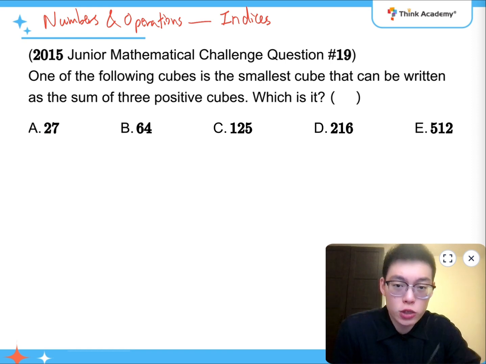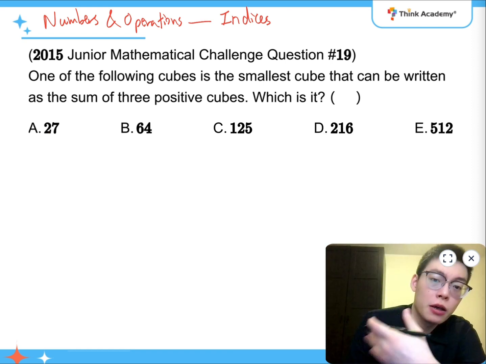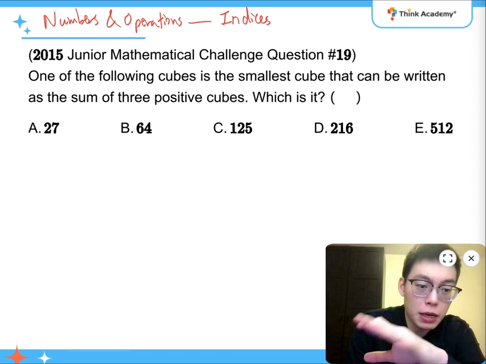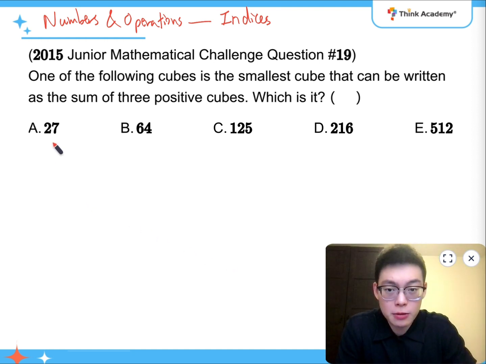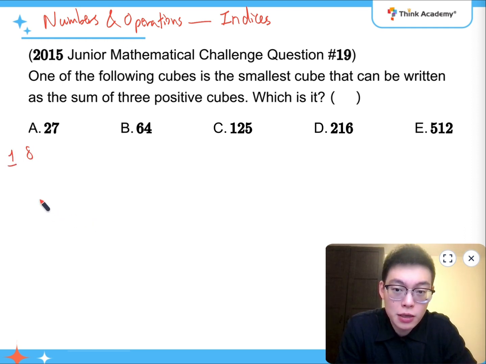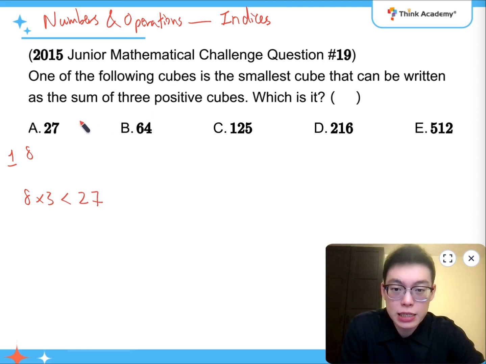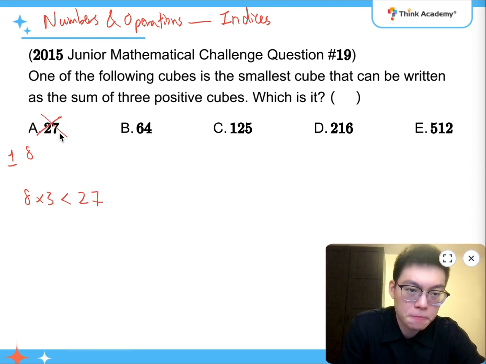Of course, if it is to be a sum of 3 positive cubes, these cubes must be smaller than that, right? So for 27, the smaller cubes are 8 and 1. But 3 of 8 is still smaller than 27, which means that it is unrealistic. So we can't have 3 positive cubes added up to 27.